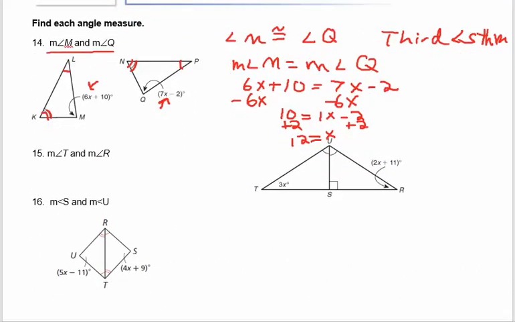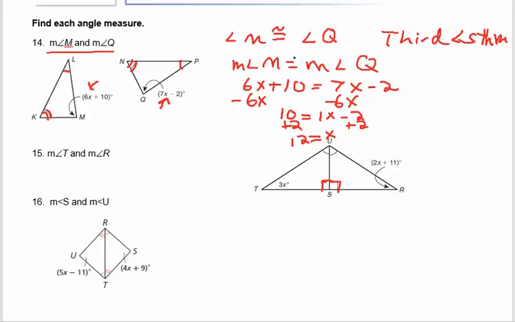In 15, we know that angle USR, this angle, is a right angle, and angle UST is a linear pair with that angle. So we have in previous chapters learned that this must also be a right angle. If two angles are supplementary and one of them is a right angle, then so is the other one.